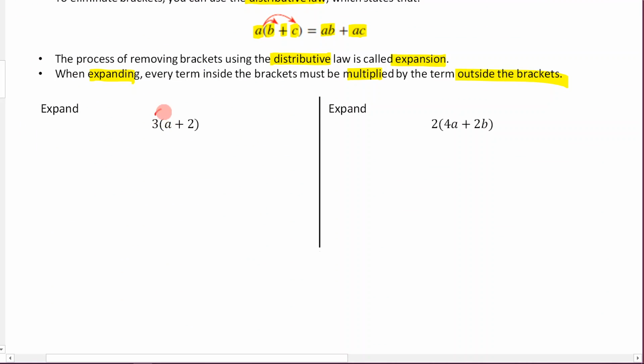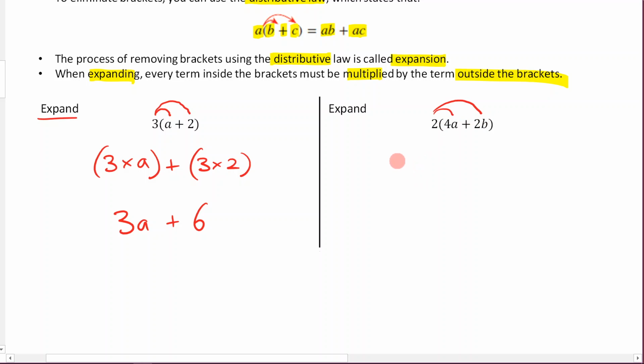So we're going to go 3 times a and 3 times 2. And every time you see the word expand, I want to make sure that you put in these little lines because they're really going to help. So we're going 3 times a plus 3 times 2. This is going to be 3a plus 6. Over here, we're going 2 times 4a, 2 times 2b.